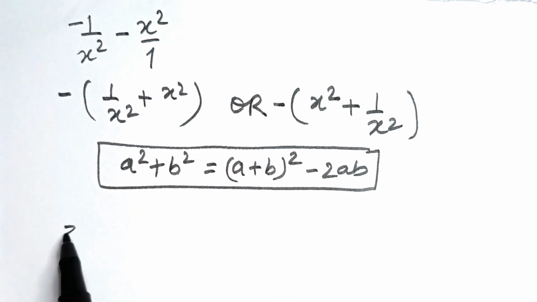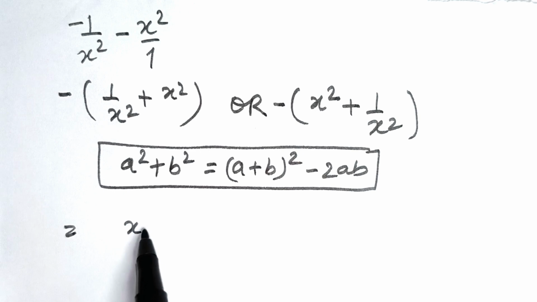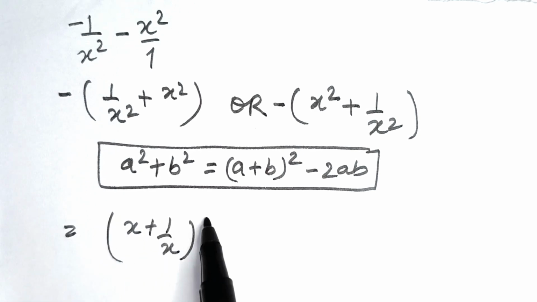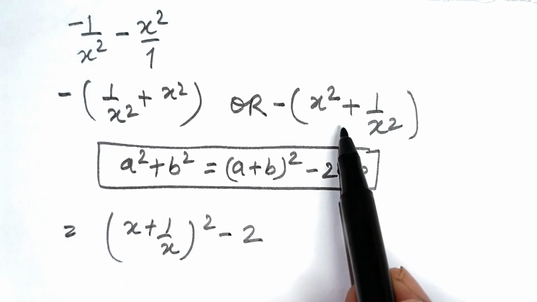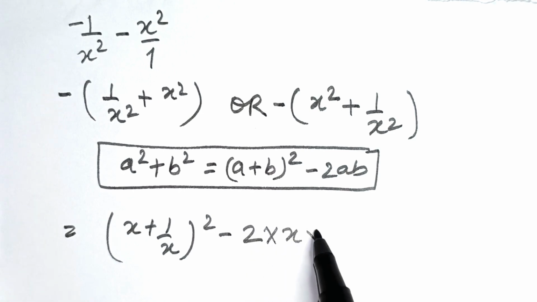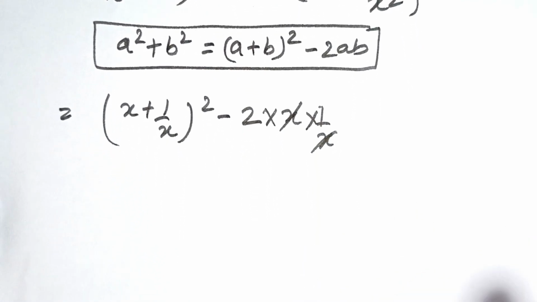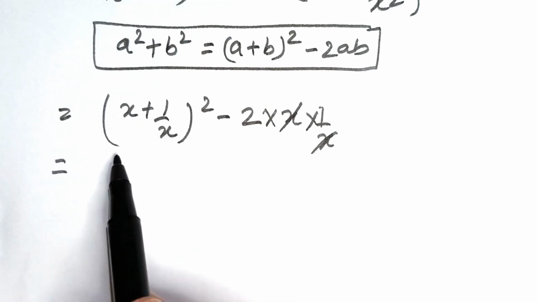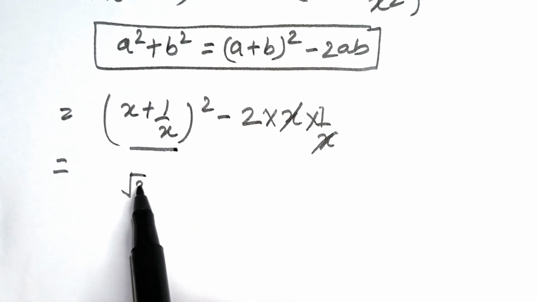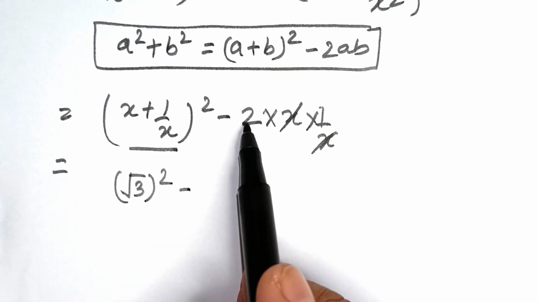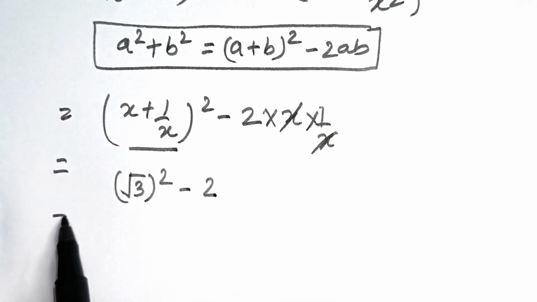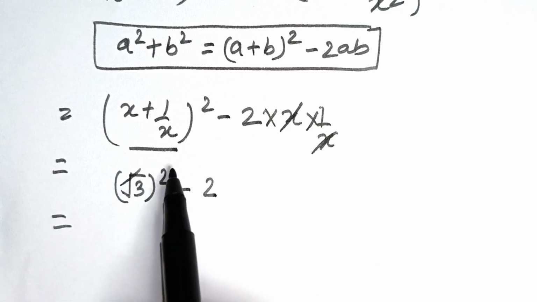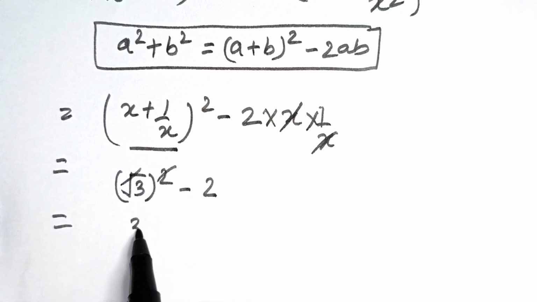So this will become a plus b whole square, that is x plus 1 upon x whole square minus 2ab. A means x and b will be 1 upon x. So this x will cancel out. Now you will have x plus 1 upon x, as per your question this is root 3. So this will become root 3 square minus 2. Root 3 square, the root and the square will cancel out. So it will become 3 minus 2.